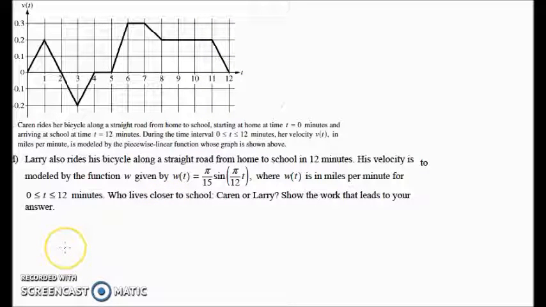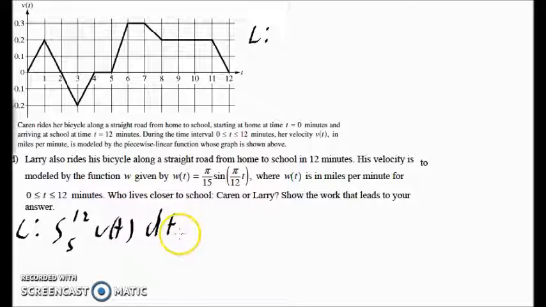Alright, now for our last section, question D. It's asking us to compare Karen's distance from the school to Larry's distance from the school. So put Larry up here, and Karen here. We can do Karen first. As we calculated, the integral from 5 to 12 of v of t dt equals 1.4 miles.